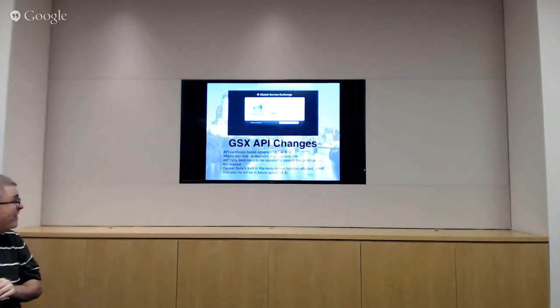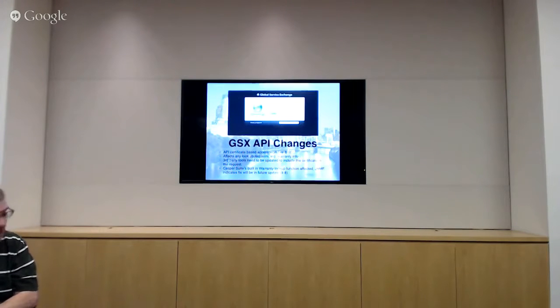Basically, there are a lot of GSX phishing emails, and in response to that, the people over at GSX initiated two-factor authentication for login. They've also made changes to their API, which a lot of things like JAMF's Casper Suite use to check warranty info and populate that info in the database.